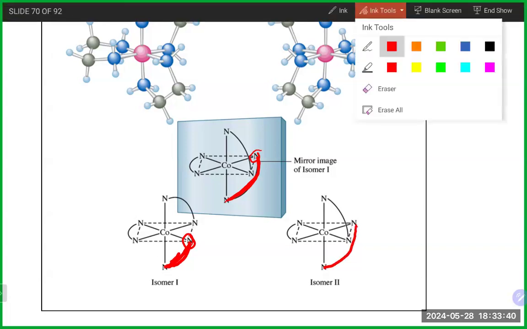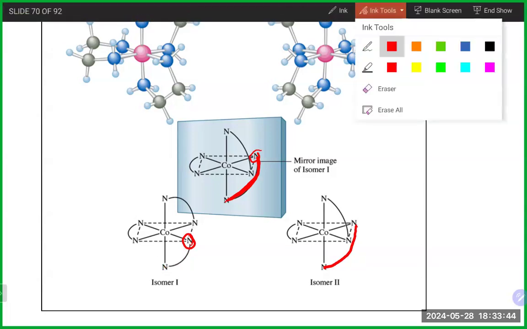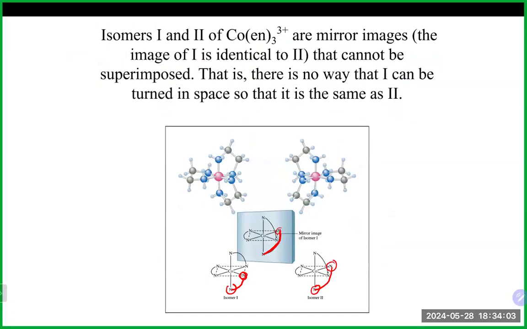So that small variation as it gets reflected in the mirror image carries its bond over, but now its bond is between here and here versus between here and here. So as you try to rotate that, again, that bond is always going to be not in the right position for it to sit correctly in place.